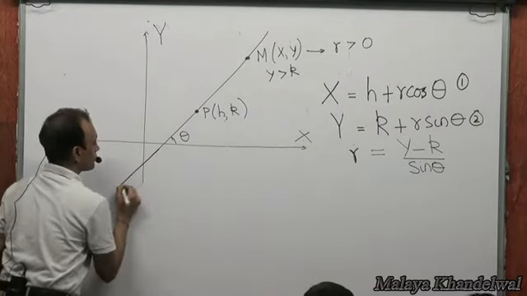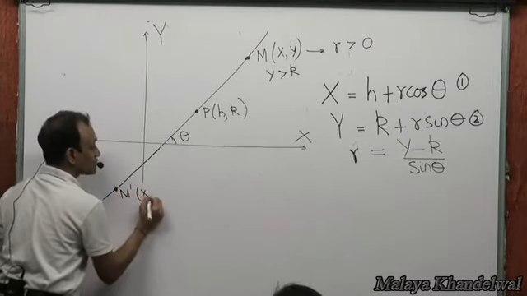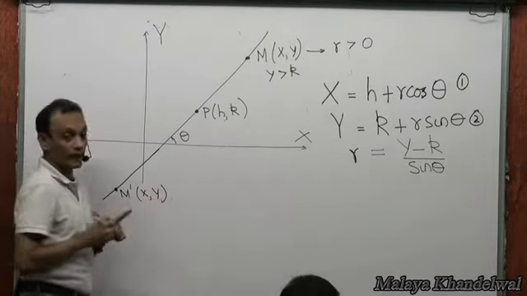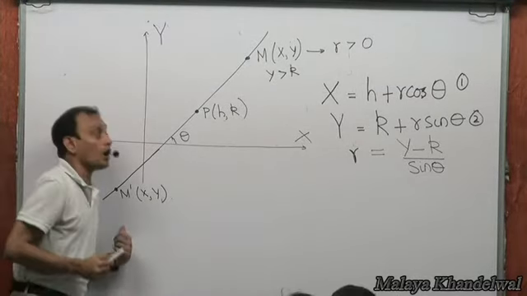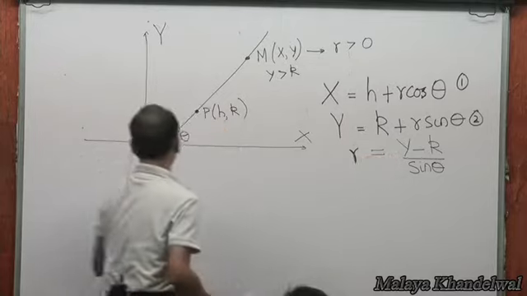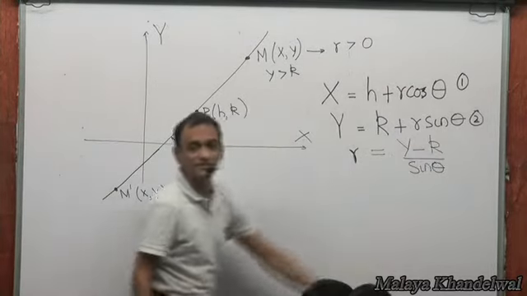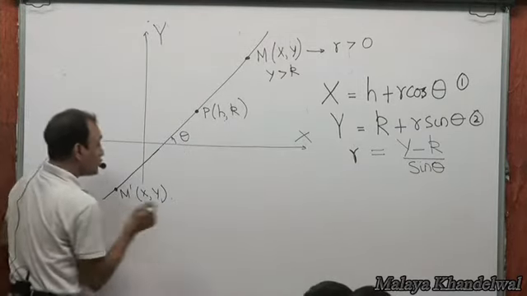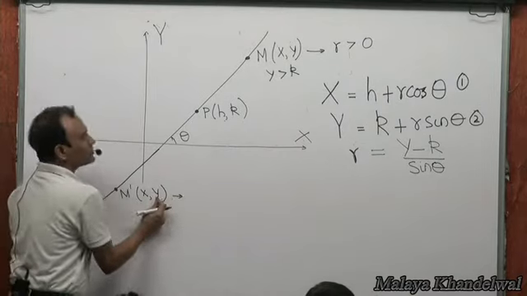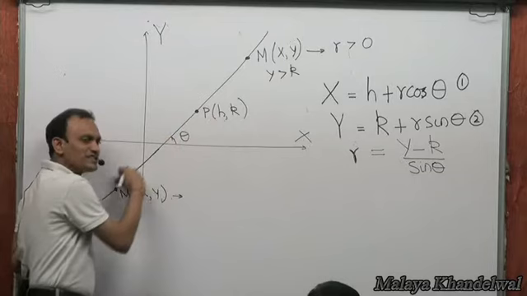However, if I looked at a moving point M prime here, say XY, we would also want to associate a R with this point. The R of this point is going to be the Y of this point minus K, the Y of the fixed point, divided by sine theta, right? Clearly, for this point, the Y of this point is less than K, isn't it? In this direction, the Y's are decreasing.